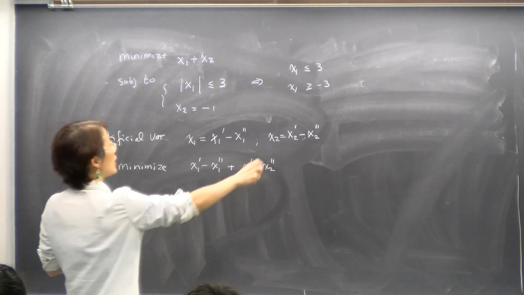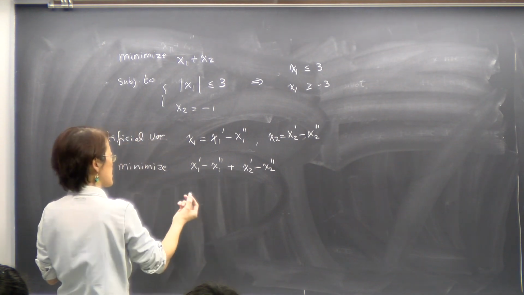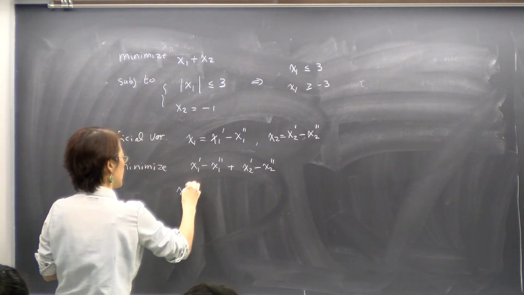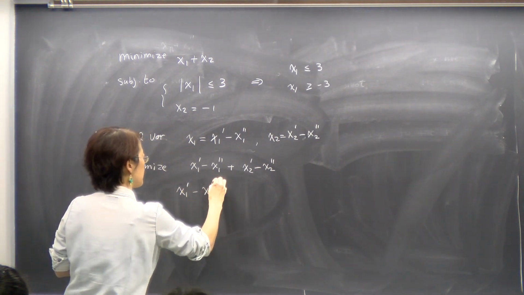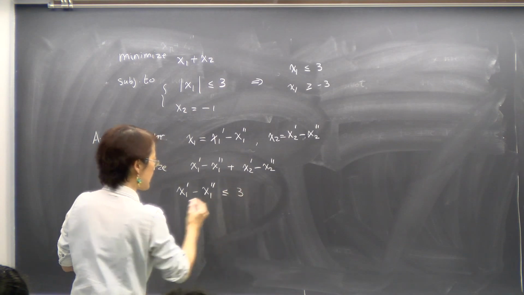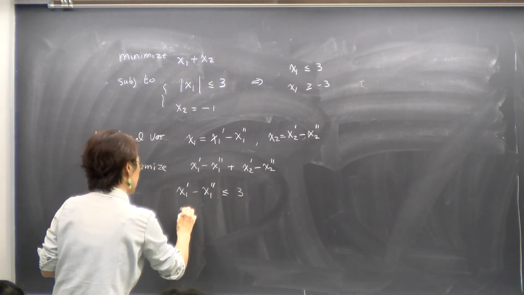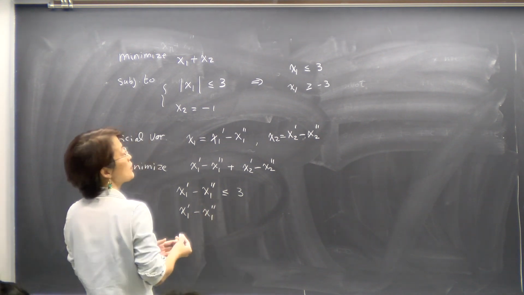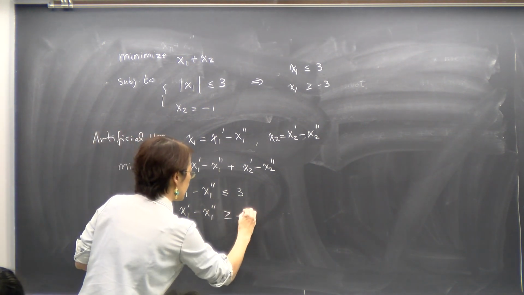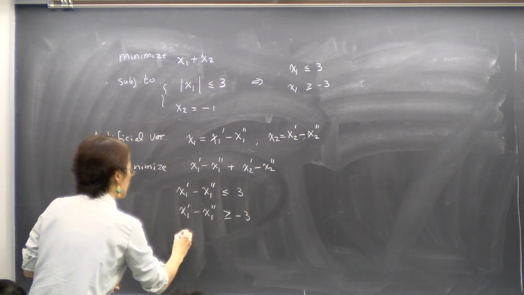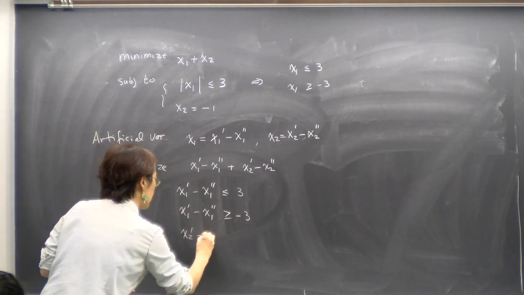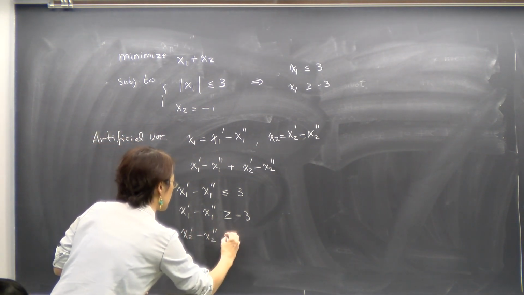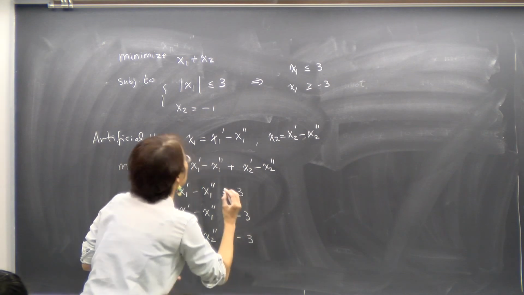Okay, and then I have x1 less than 3, so then I have x1 prime minus x1 double prime less than 3. That's the first one. And then x1 prime minus x1 double prime shall be bigger than -3. And the third one is x2 prime minus x2 double prime equals -1.